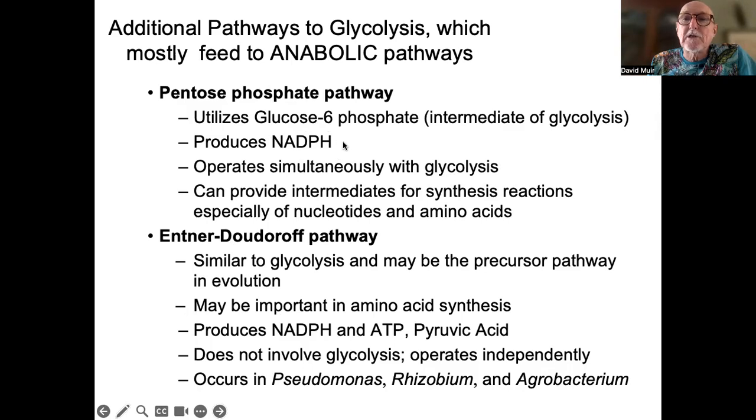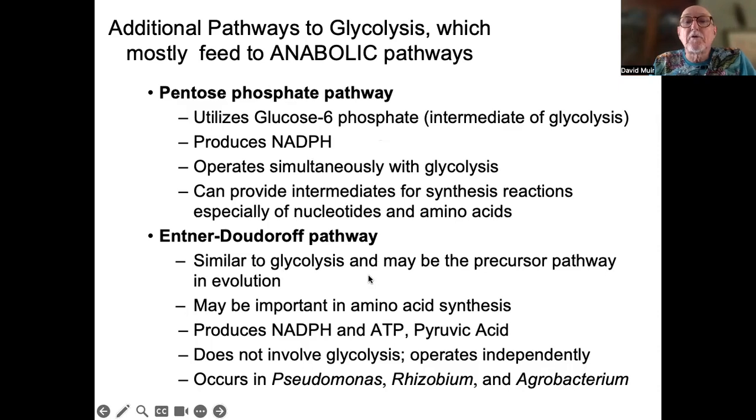NADPH is most commonly produced in things which are photosynthesizing, but it does occur in heterotrophs as well. And this is an example of where it actually occurs. The pentose phosphate pathway can operate simultaneously with glycolysis if an organism has it. And they produce a lot of intermediates, especially for the production of nucleotides and amino acids.